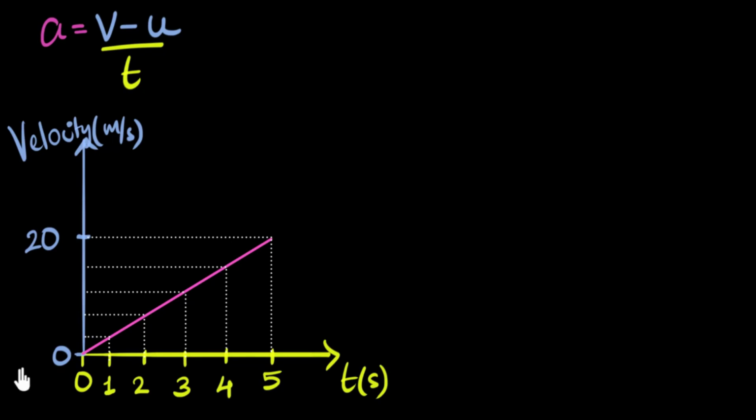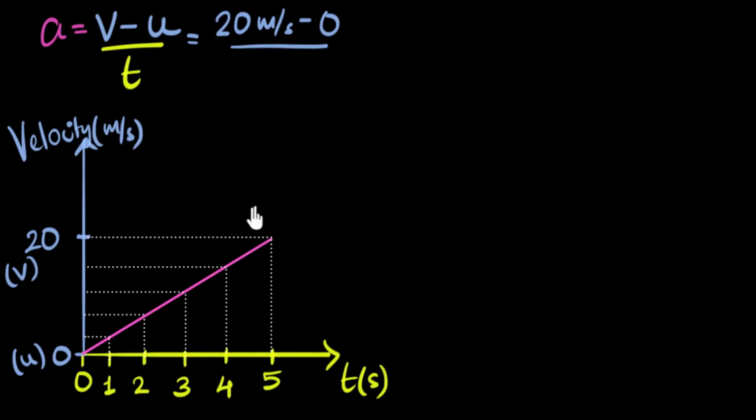All right, let's see. We know at t equal to 0, its velocity is 0. Let's call that our initial u. And we know at 5 seconds, its velocity is 20. Let's call that v, that's our final. And so acceleration becomes final velocity minus initial velocity, which is 0, divided by the time taken for that change.